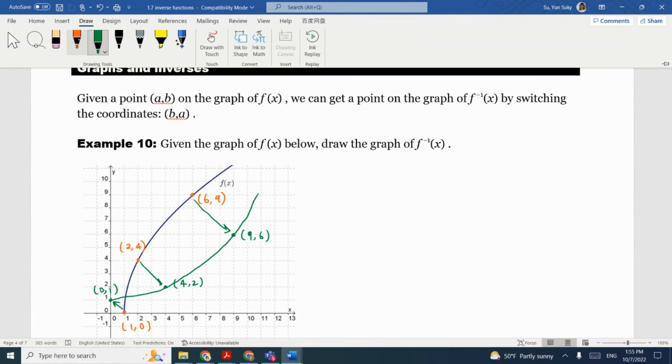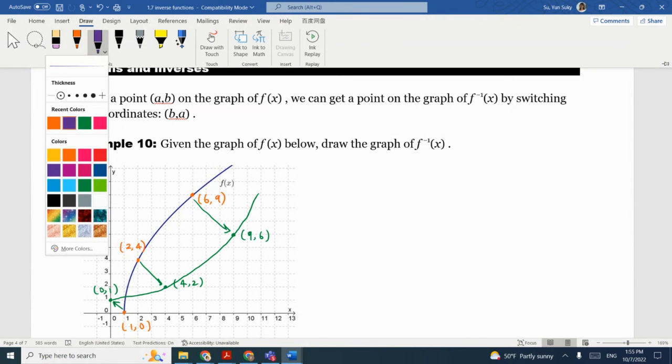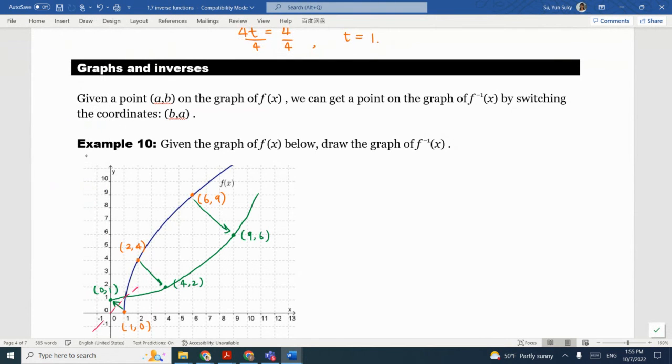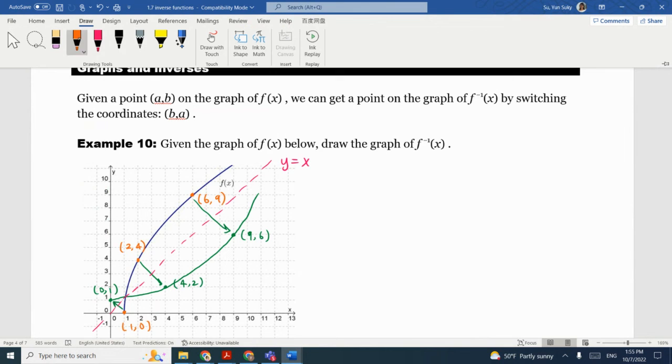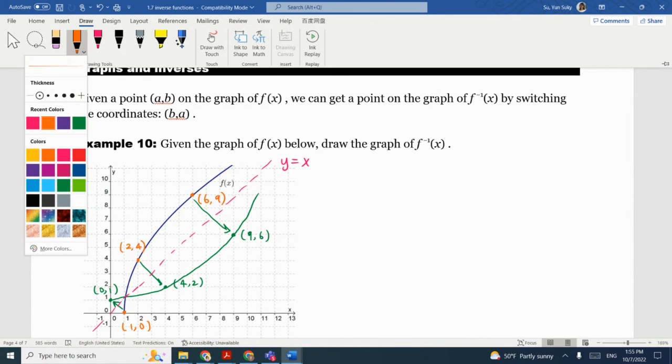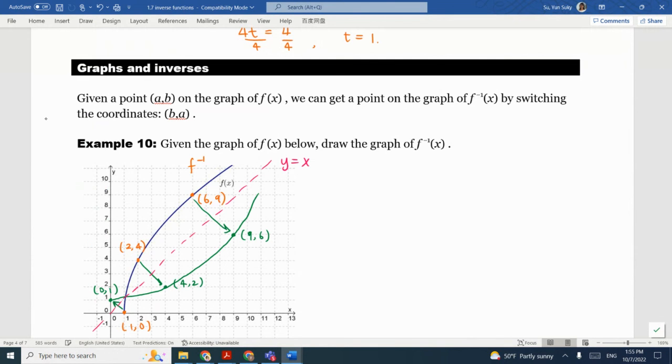So what property? Now you look at the graph of f and the f inverse. Do you see they are mirror images about the line y equals x? This is the f, and this is the f inverse.